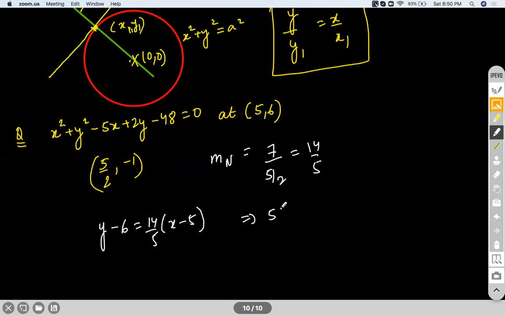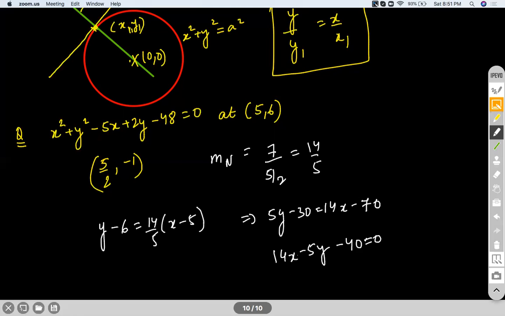That's 5y minus 30 is equal to 14x minus 70. Okay. So 14x minus 5y minus 40 equal to 0. That's what the book also says.